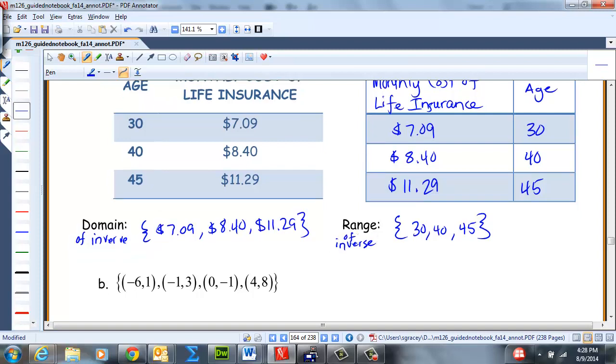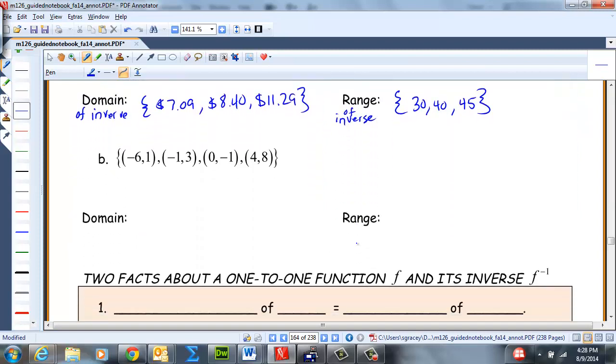Okay, so next up we've got a set of ordered pairs, all right? So the domain, the inverse function will be the set. You just switch your x and y values. So 1, -6, 3, -1, -1, 0, and then 8, 4.